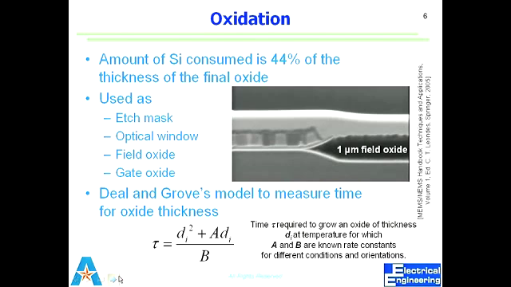Make sense? So in that case, for lithography, we do a first step where we have, this is photoresist and this is silicon, right? So I use photoresist to transfer this pattern into silicon dioxide.